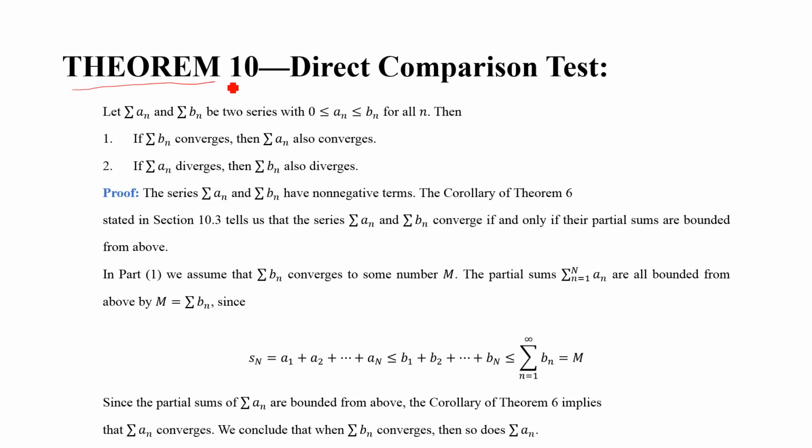Theorem number 10 actually gives the answer to this question, and in this theorem we are going to state the direct comparison test and we are going to prove it as well.